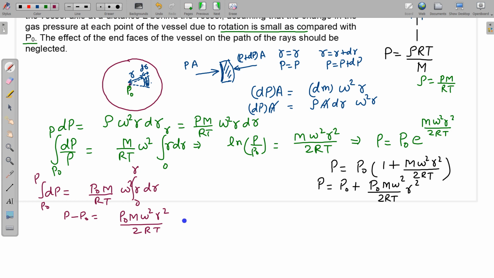You can clearly see that P is equal to P naught plus this expression, and here also we are getting the same expression. So pressure as a function of distance r.